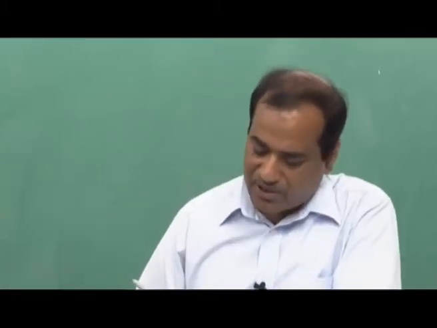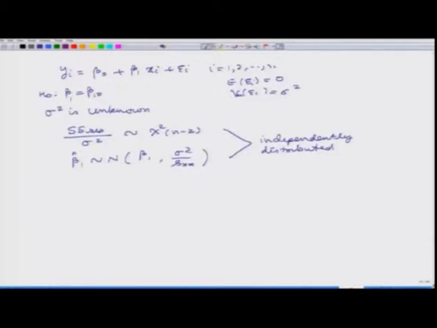In this case, beta_1 hat is a normal random variable and the other is a chi-square random variable. So I can write (beta_1 hat minus beta_10, which is known to us) divided by the square root of sigma square hat upon Sxx. This follows a t distribution with n minus 2 degrees of freedom under H0.